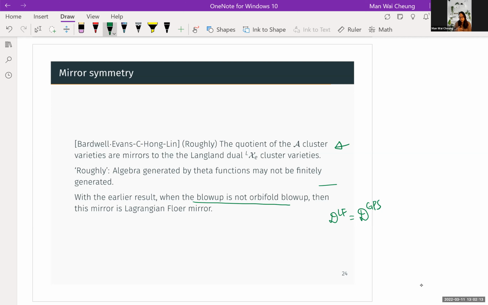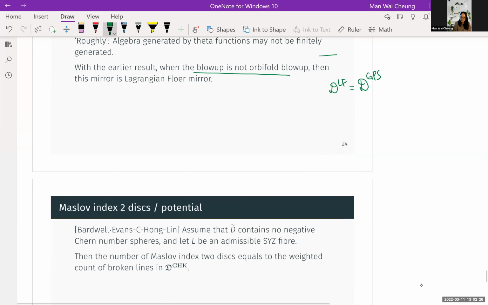But once the blowup is just a simple blowup of a toric variety, then this mirror is not just a mirror from the GPS point of view, it's also a mirror from the Lagrangian Floer point of view. So that is the story for Maslov index 0 disks.